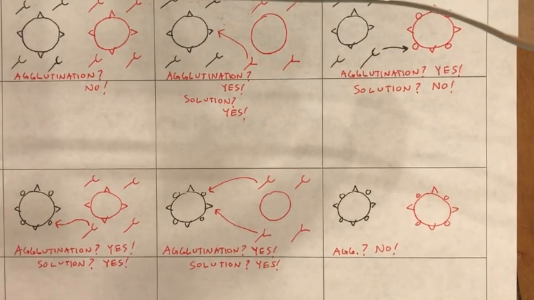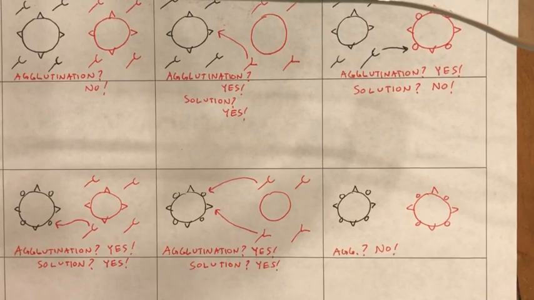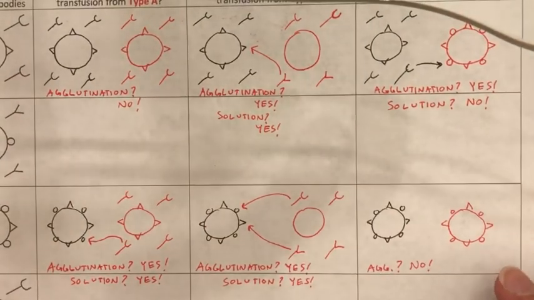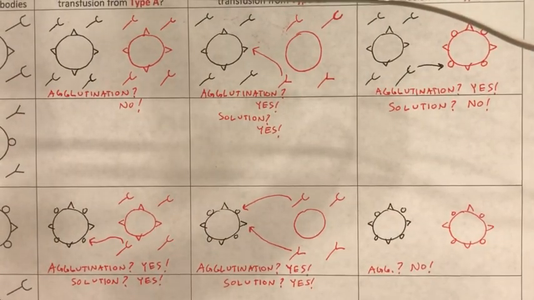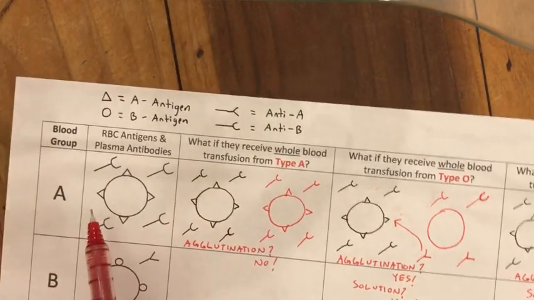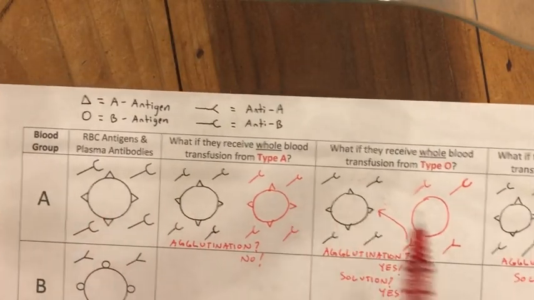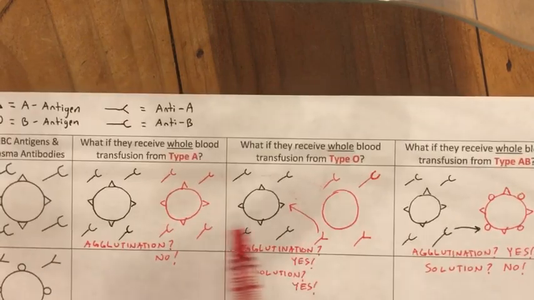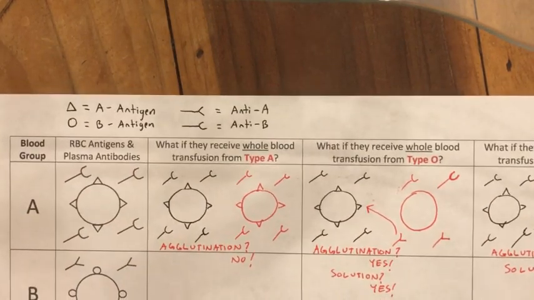So a big idea to get from what's been covered so far is, practically speaking, if you have somebody with a specific blood type, let's say blood type A, what is the best option for blood donation for that individual?